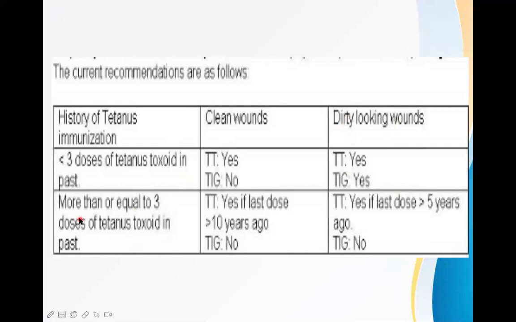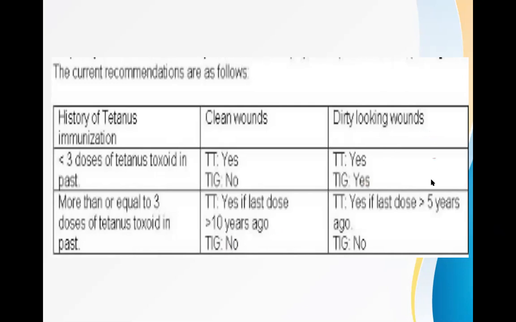Now let's talk about another scenario. If the patient has already taken 3 or more than 3 tetanus toxoid doses in the past, and comes with a clean wound, TT is given only if the last dose was taken more than 10 years ago. There is no need of TIG because it is a clean wound.